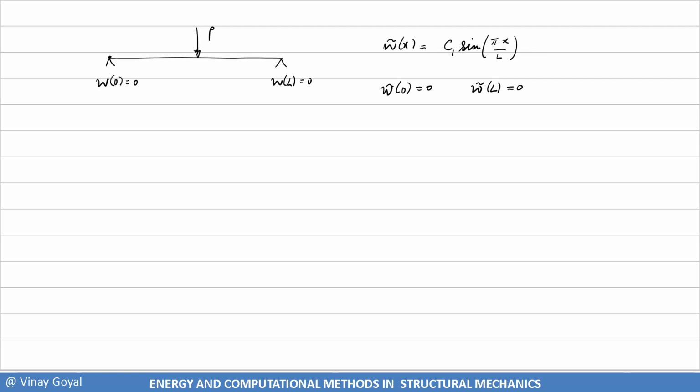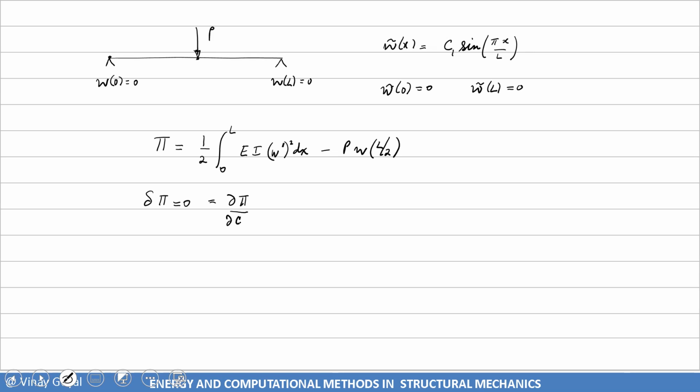And so in this example, the potential energy for this system is 1/2 integral from 0 to L of EI W double prime squared dx minus P W at L/2, because the load is now applied at the half point. And then if you render pi stationary, that'll be the derivative of pi with respect to C1, delta C1 is 0, and therefore the derivative of pi with respect to C1 is 0.